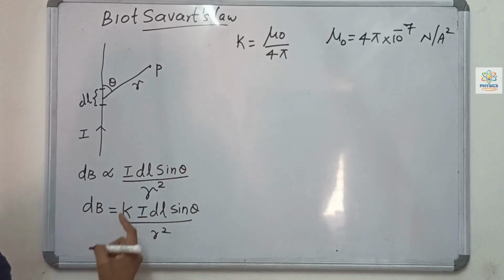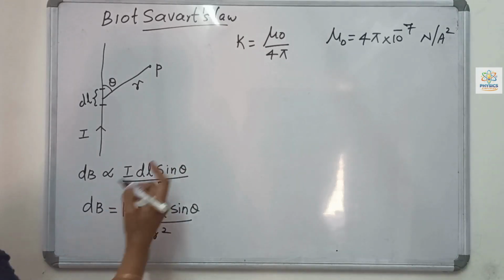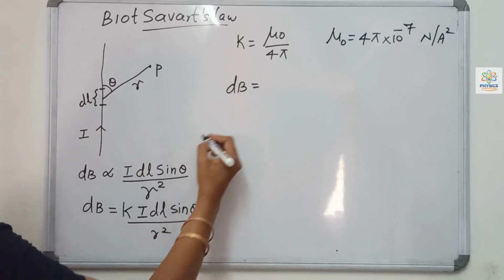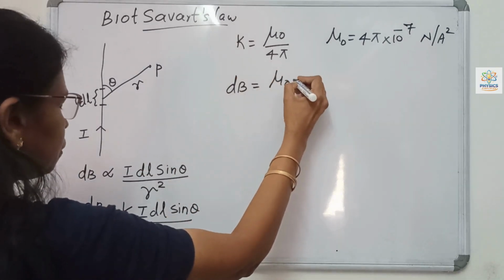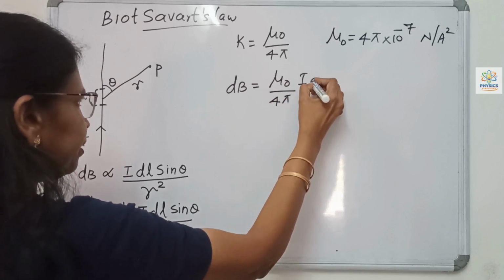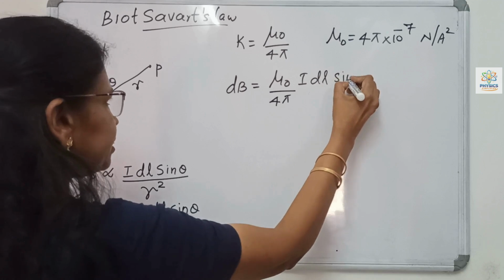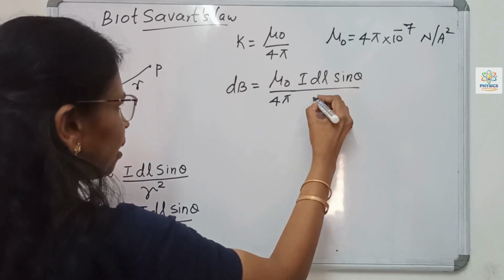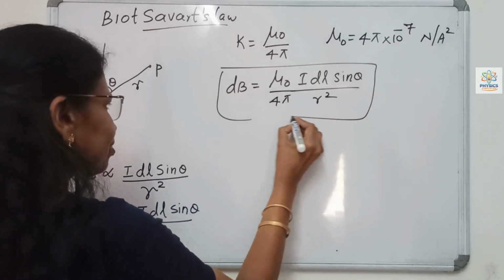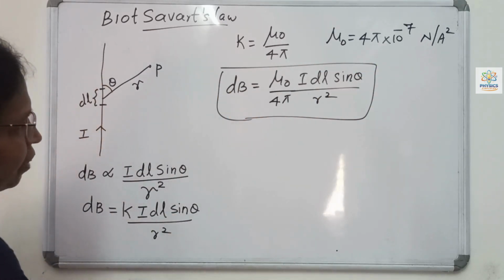If we substitute the value of K in this equation, we can write dB is equal to mu 0 by 4 pi I dl sine theta by R square. This is the equation to calculate the magnetic field.